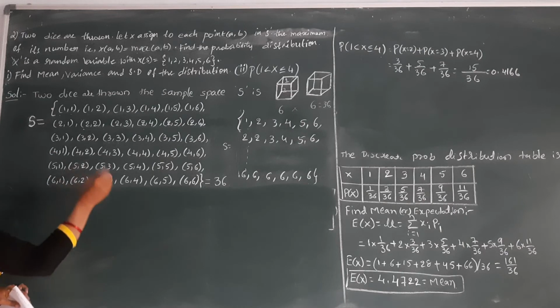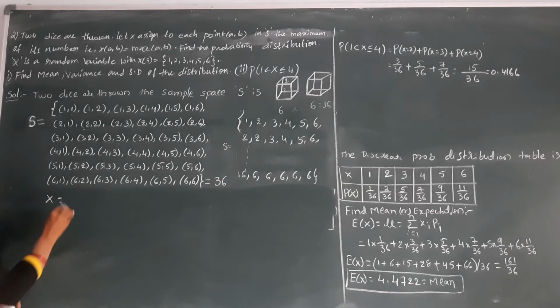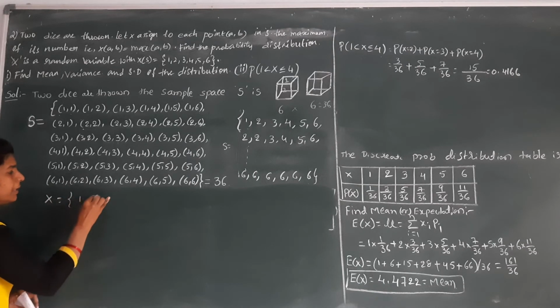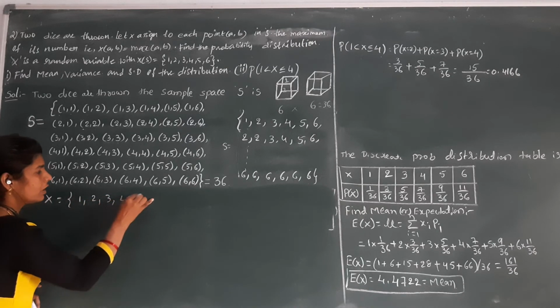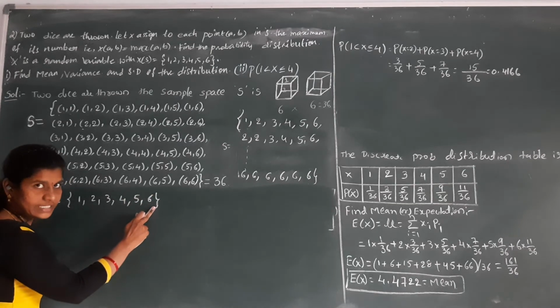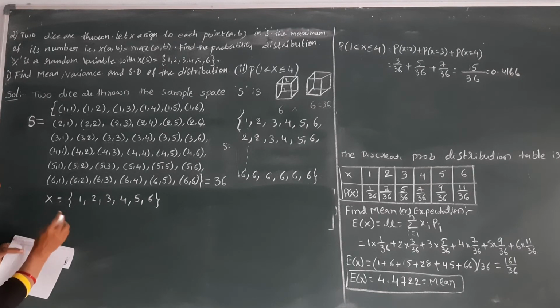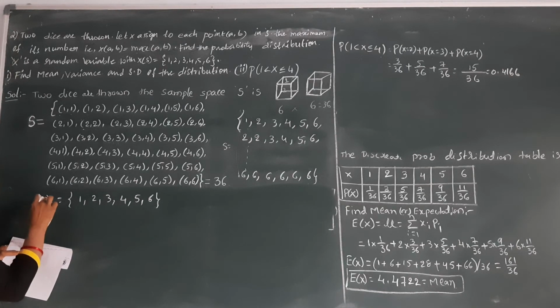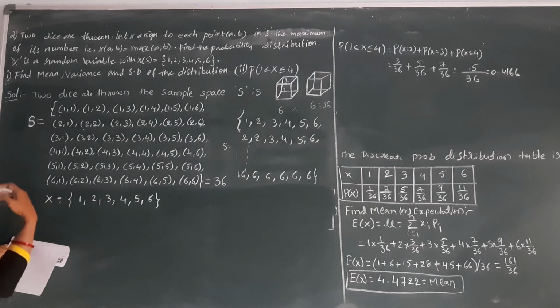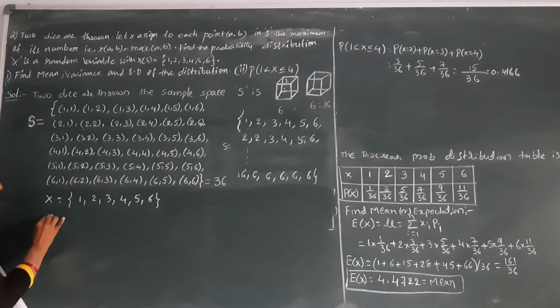So if one die is tossed, how many possible cases? 1, 2, 3, 4, 5, 6. The faces of the die are only these numbers, but here it is clearly mentioned, let the random variable capital X denote twice the number that appears on the die.